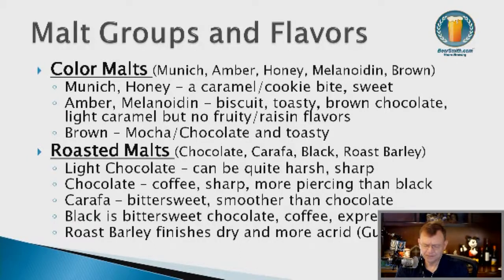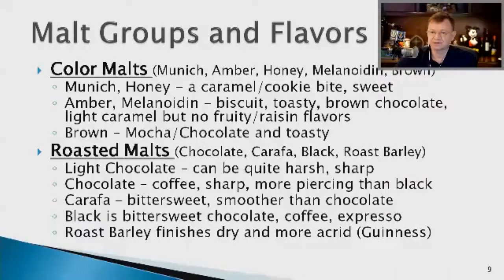So if you work with dehusked Carafa, you can get some of the dark roast flavor, but without the piercing, harsh flavors that you might get from some of the other malts. And then, of course, most of you are probably familiar with black patent malt, and roast barley is a little bit interesting in that it's not malted. It's actually raw barley that's burned to a crisp, and that's how you get roast barley, or they also call it stout roast, and that gives you the distinctive flavor of Guinness, which I'm sure you're familiar with.